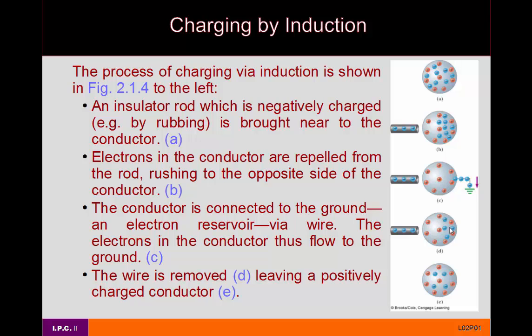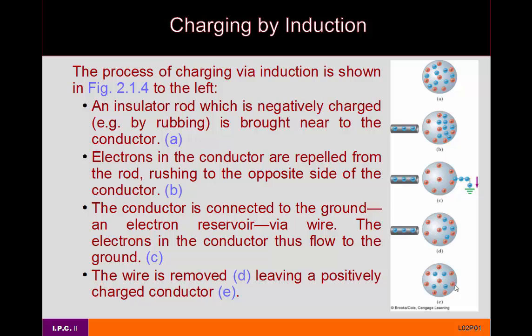And granted, there may still be some electrons that have built up on one end that haven't flowed through the wire. In any case, when you remove the rod, the electrons will sort of redistribute, and here you can count there's 4 electrons and a lot more than 4 positive charges.